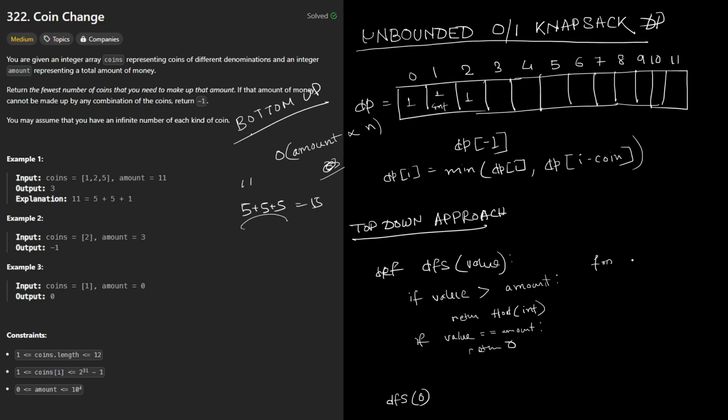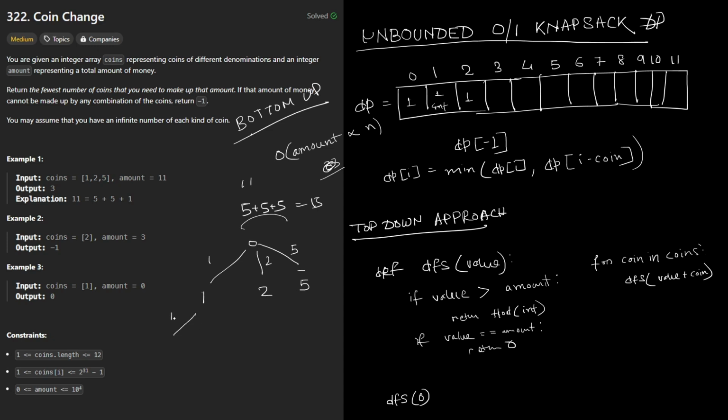So I can say for coin in coins, we're going to take all the coins, and here I'm going to call dfs and pass in the current value plus coin. Initially it would be 0, so here we can draw the recursive tree. We can use 1 coin, 2 coin, and 5 coin. So the current value would be 1, 2, and 5.